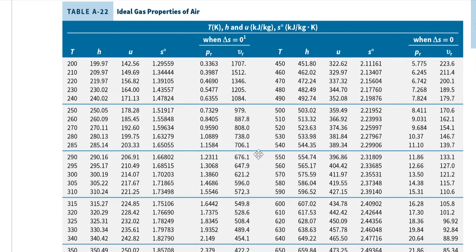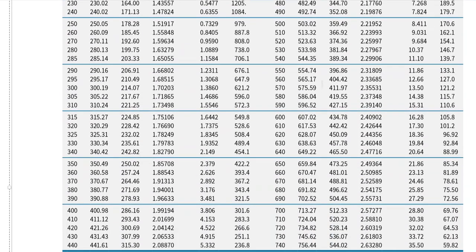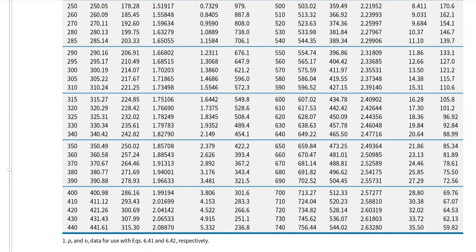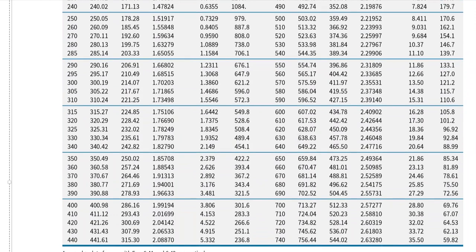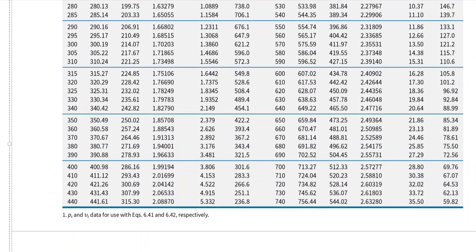So 3.92 would be somewhere here, between 3.806 and 4.153. The temperatures at these two values are 400 and 410.